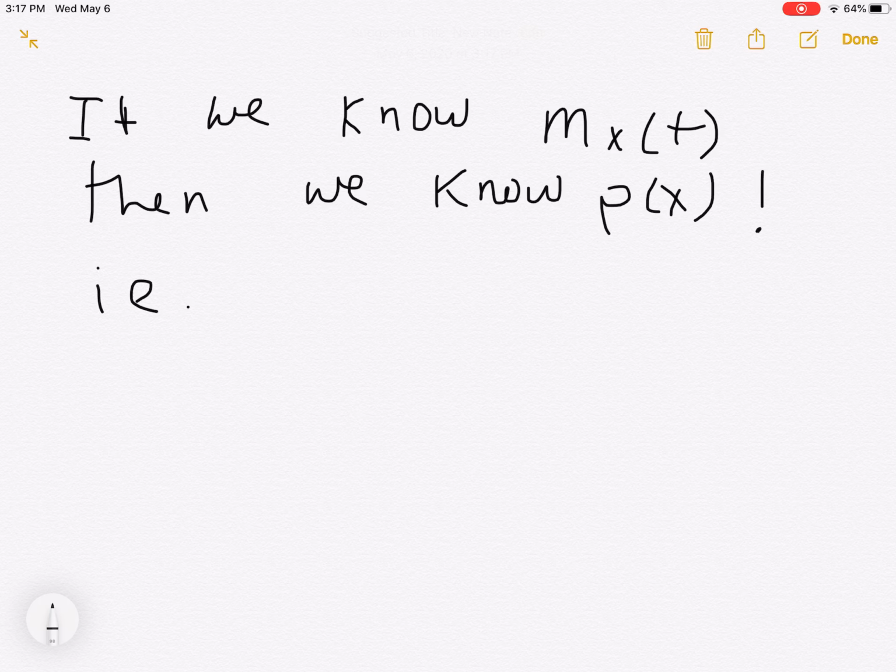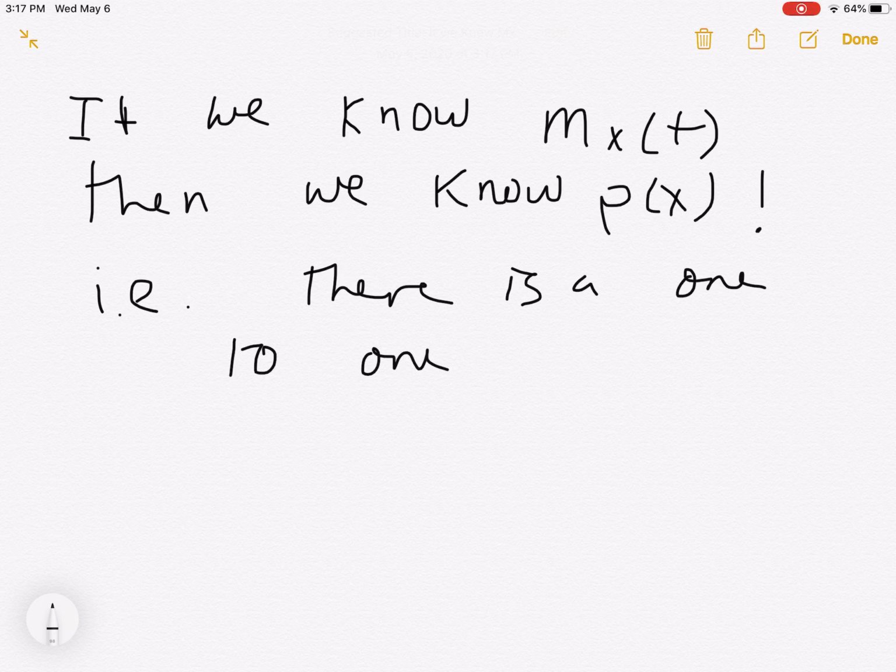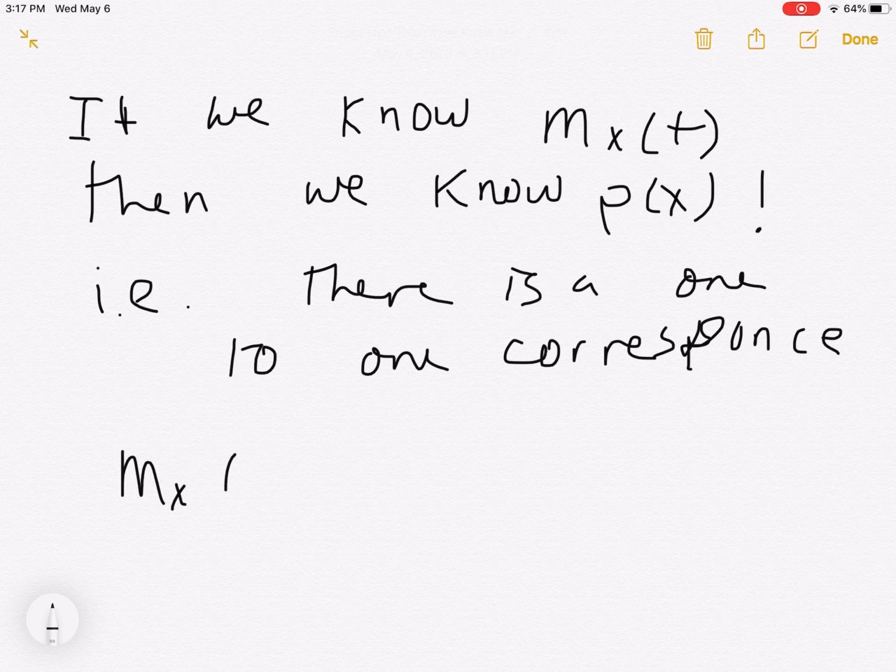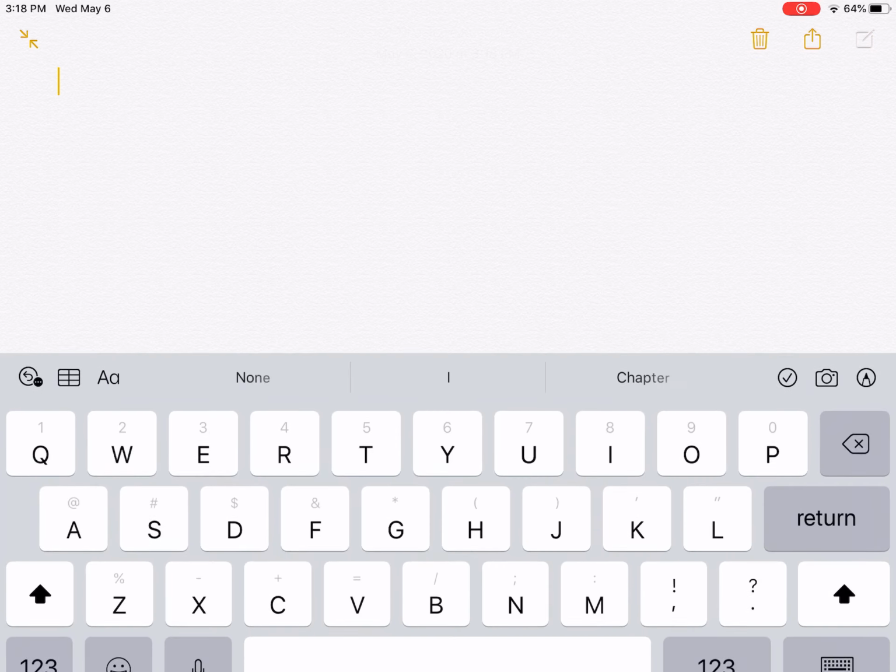So there's a one-to-one correspondence between the moment generating function and the density function, between the moment generating function and p of x. These two are the same. Let me just give you a simple example of why that's true.